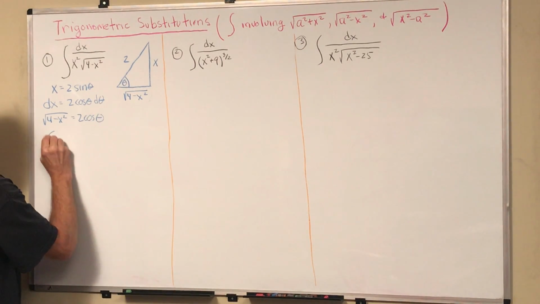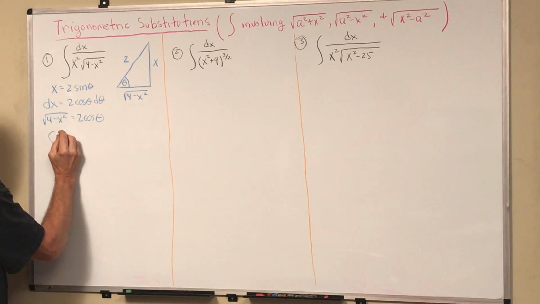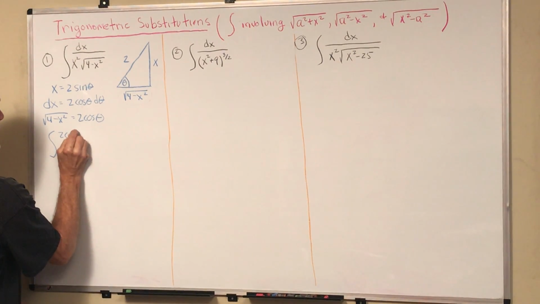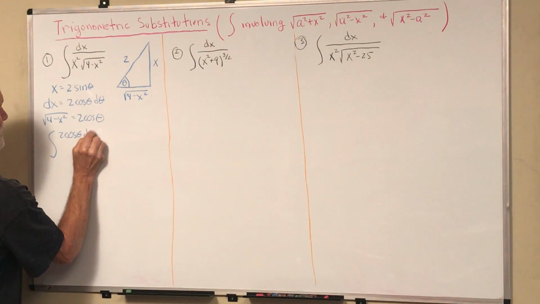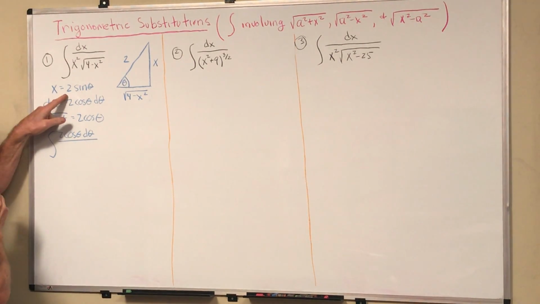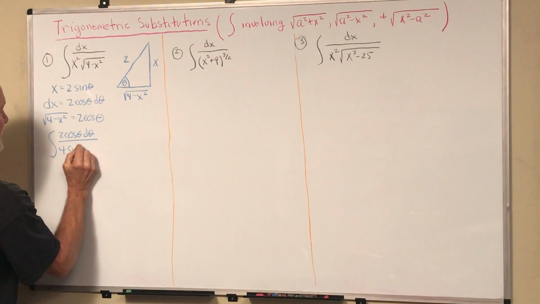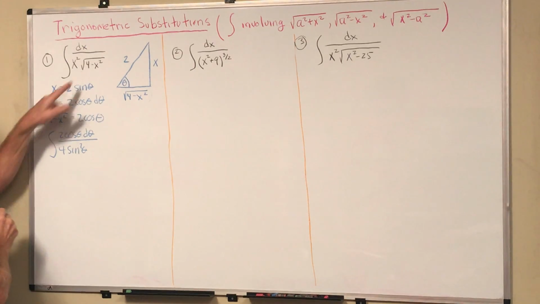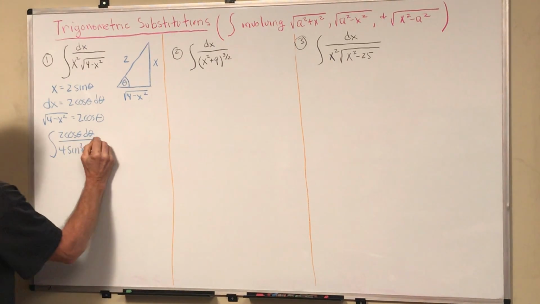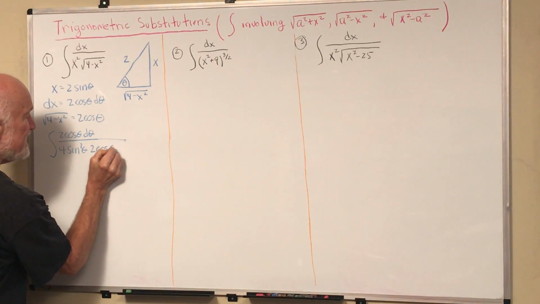And then we just do the substitutions. So dx is 2 cosine of theta d theta. X squared would be 4 sine squared of theta. And then this square root is 2 cosine of theta. And there's no guarantees.